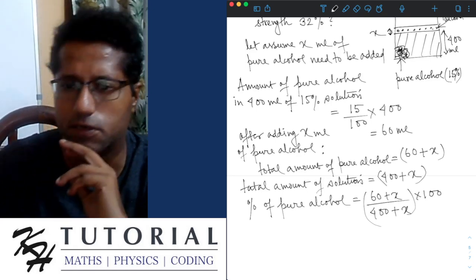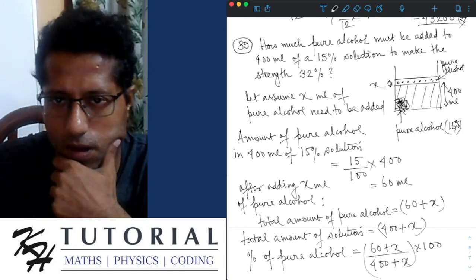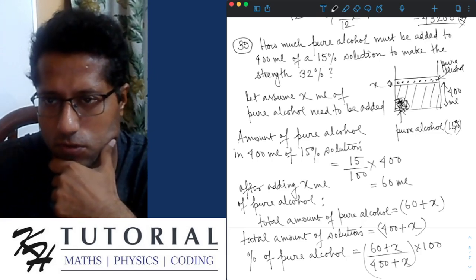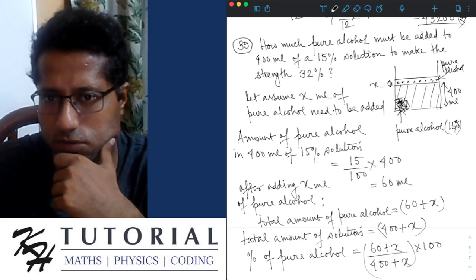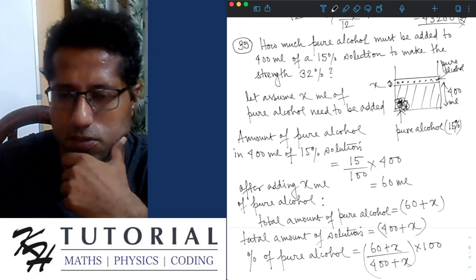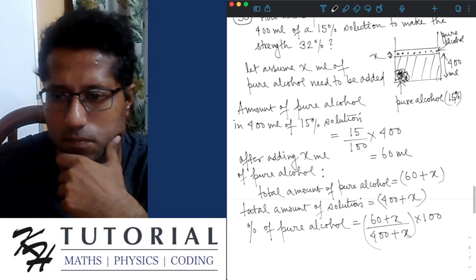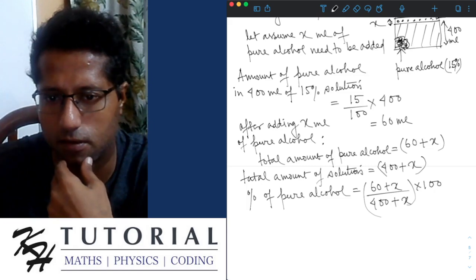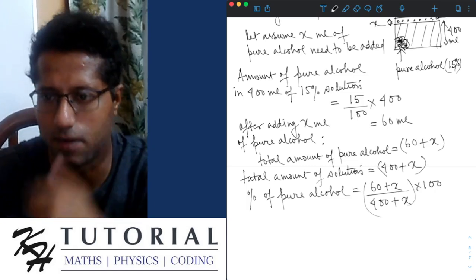This is nothing but 32, because it is given: how much pure alcohol must be added to 400 ml of 15% solution to make the resultant solution strength 32%. Strength 32% means in 100 ml of solution pure alcohol will be 32. So after adding x ml of pure alcohol, the percentage of pure alcohol is 60 plus x divided by 400 plus x multiplied by 100.